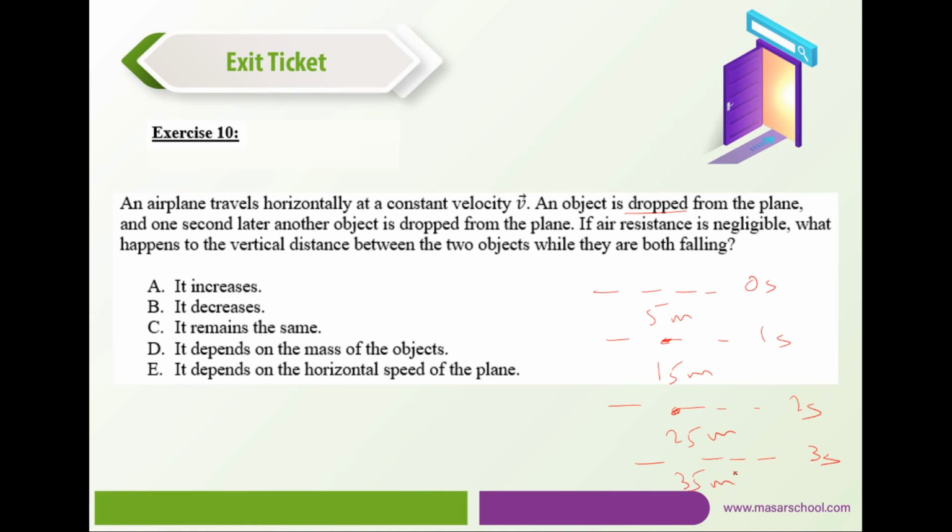They're gonna fall, and each time they fall, they will occupy a slice of time. And we know that these slices of time, the distance between them is increasing. So 5, 15, 25, 35. For this reason, we will say, what happens to the vertical distance between the two objects while they are both falling? It increases.